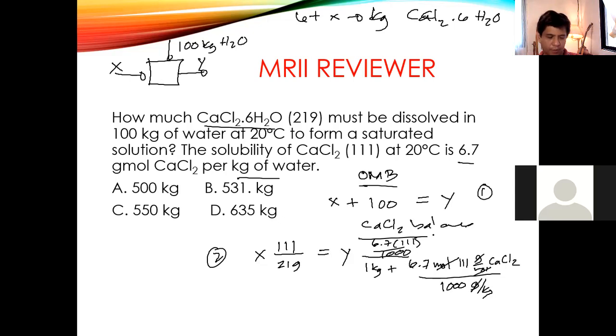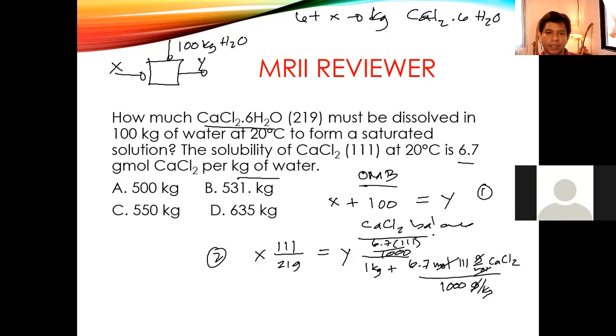6.7 times 111, divided by 1,000, tapos 1 plus, you see the logic? Of course there are other solutions, pwede kayo mag-isip ng mas madali sa inyo. Basically, ito ratio ng weight ng calcium chloride sa weight ng solution.